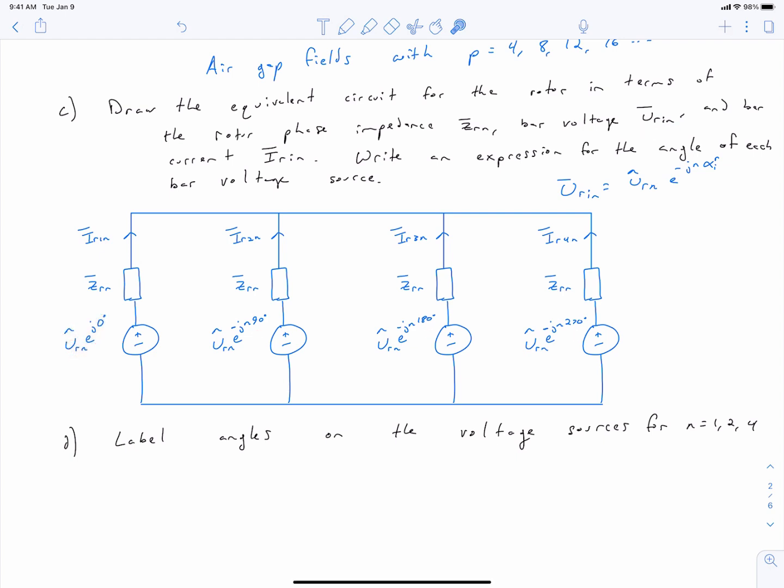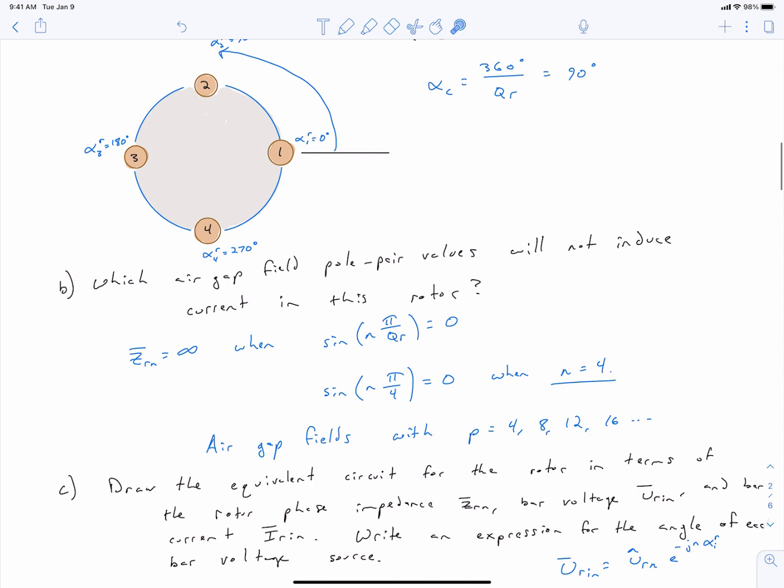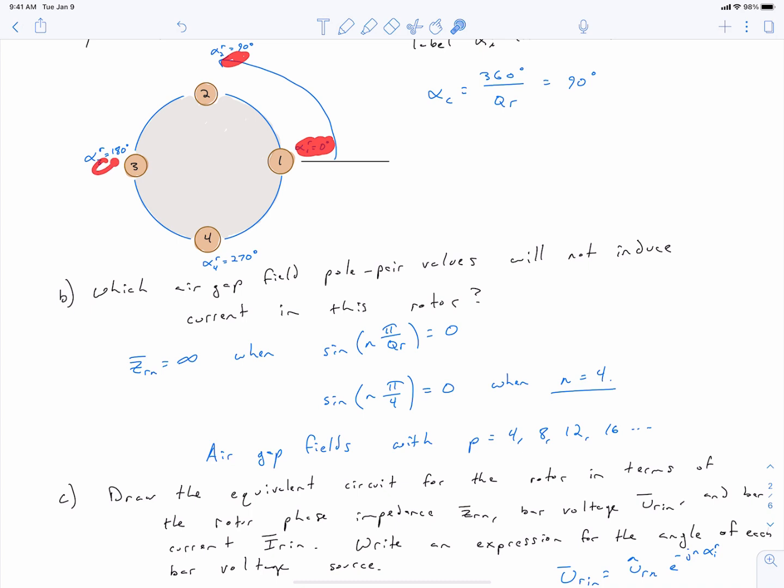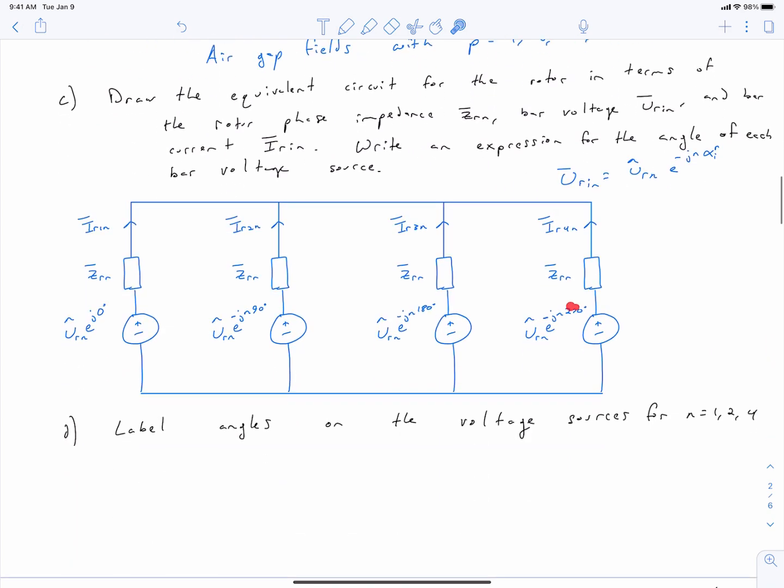And so remember that this angle is going to be n times alpha I for every given rotor bar, as we previously determined up here. So we've got 0 degrees for rotor bar 1, 90 degrees for rotor bar 2, 180 degrees for rotor bar 3, 270 degrees for rotor bar 4, and so we see that directly maps into our voltage phasors.